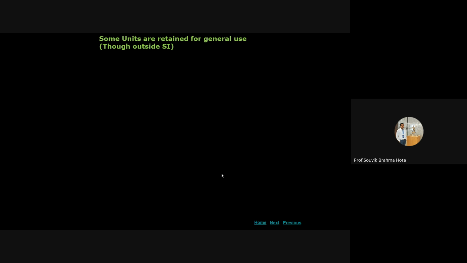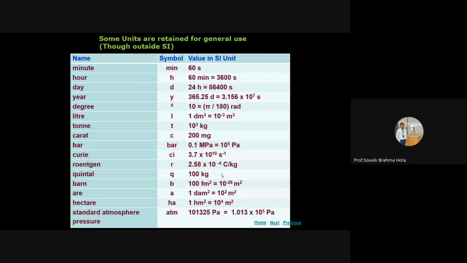Some units are retained for general use, like these things: minute, 60 second conversion, you see 60 minutes is equal to 3600 seconds, 24 hours, like this. And degree, it is also important.